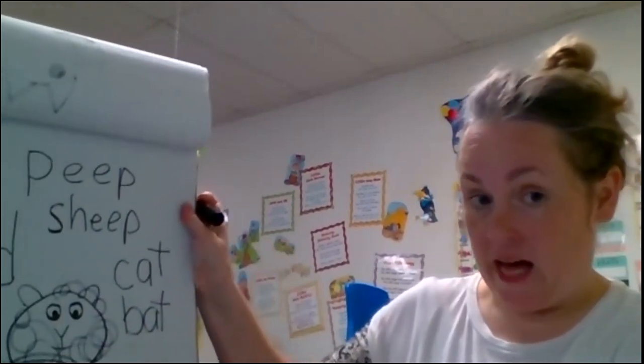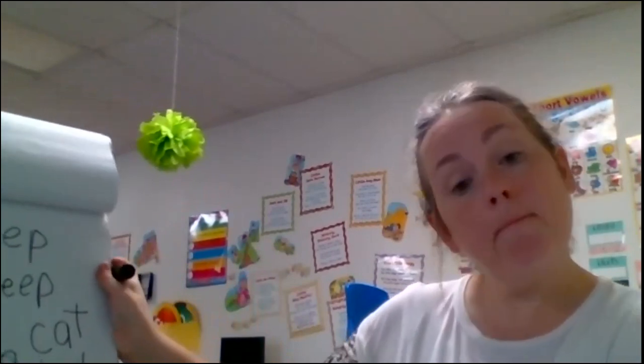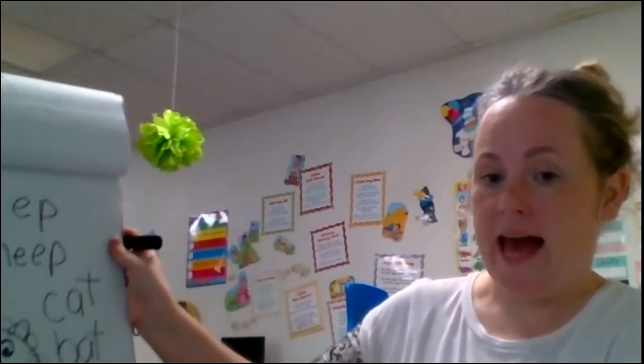So what is a word that rhymes with cat, but starts with a B? Cat and bat. Cat and bat. Let's try another one. Cat, bat, sat.